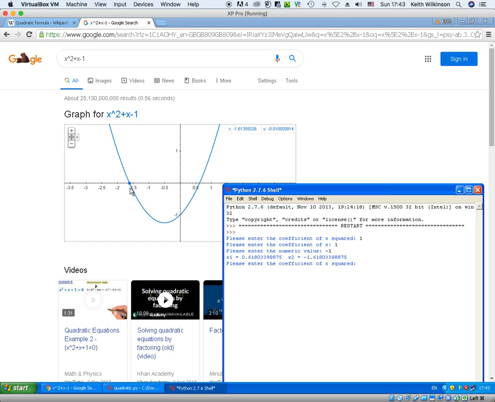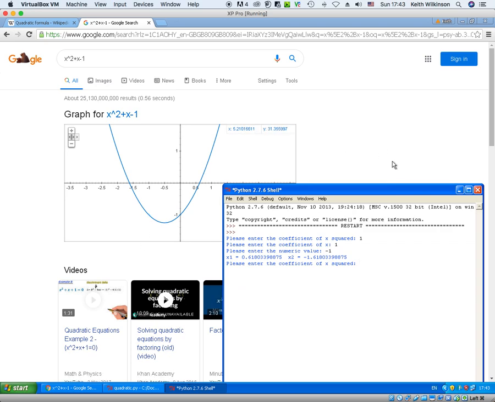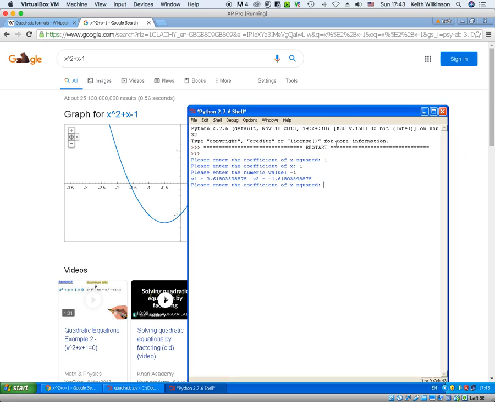And the x2 was at 0.618. So there, 0.615, pretty close, whatever it is. So it's working nicely.